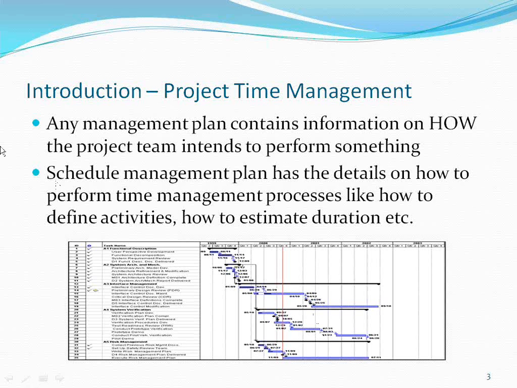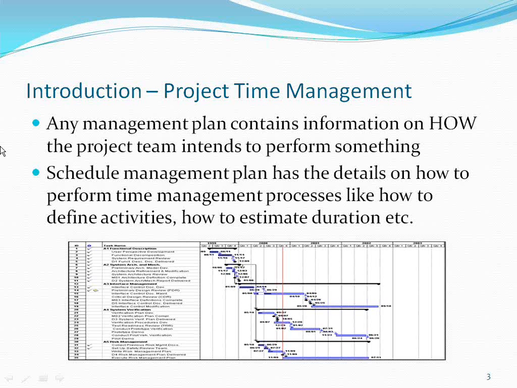Okay. Now, the project time management, as I told, will produce a plan called schedule management plan, and it has the details of how the time management process will be done. Now you know the 7 processes, right? The first one is plan schedule management.